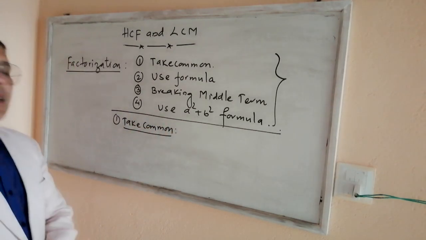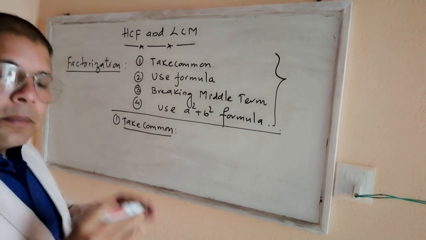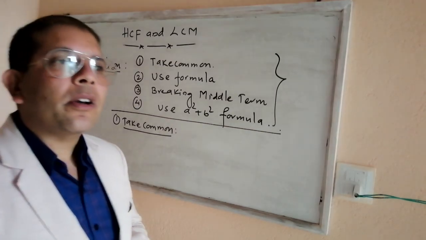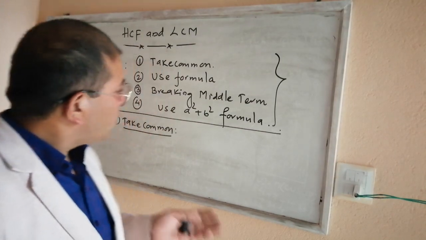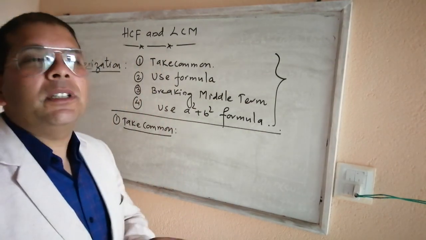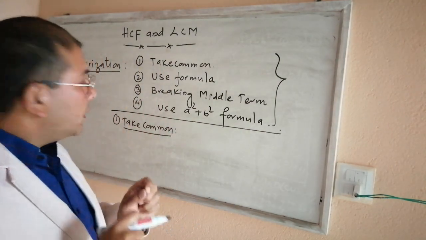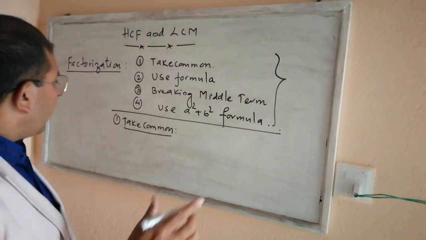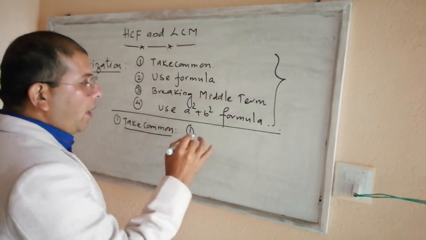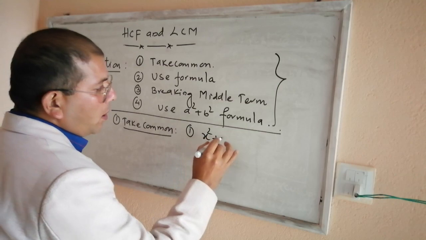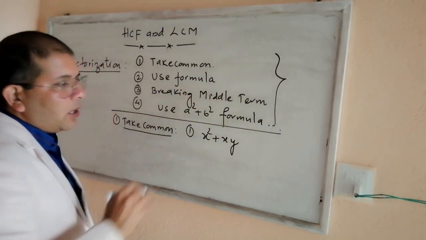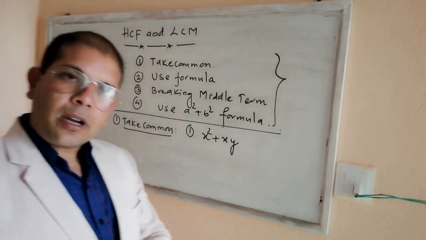In the case of an algebraic expression, if there are two or more terms, you should take common from these given terms. For example, number one, if you have x square plus xy, we have only two terms.